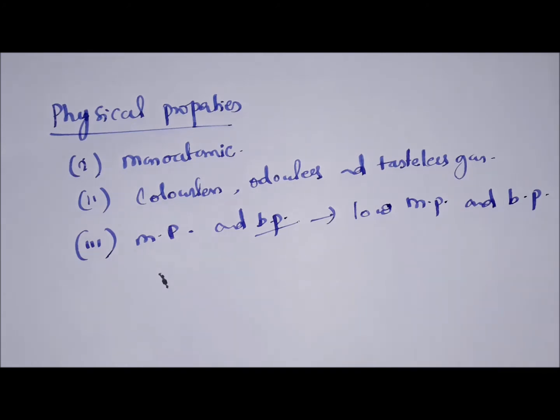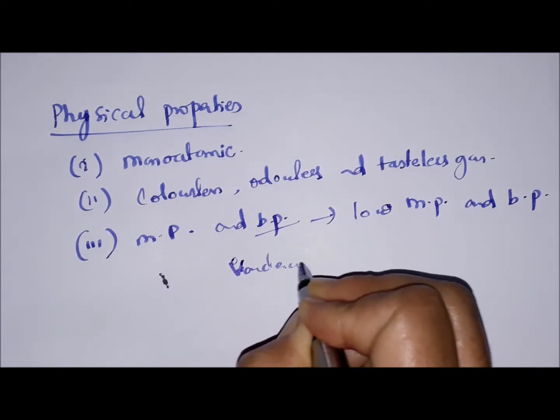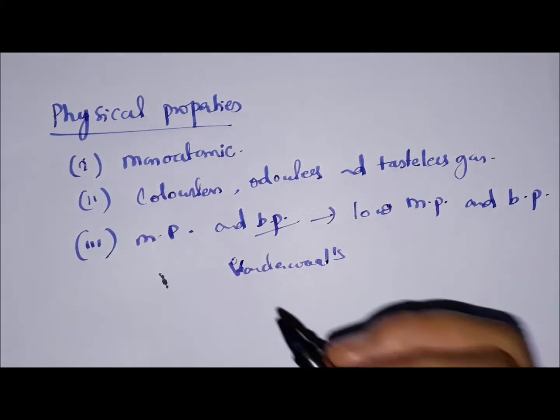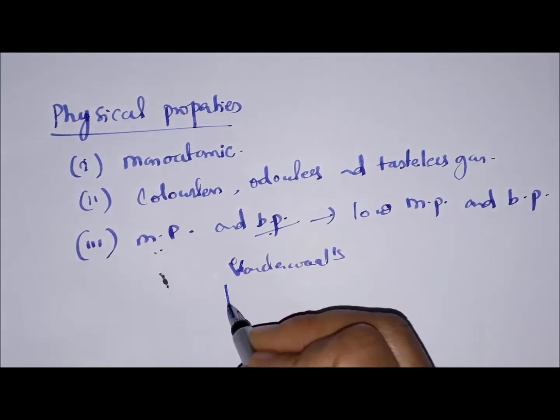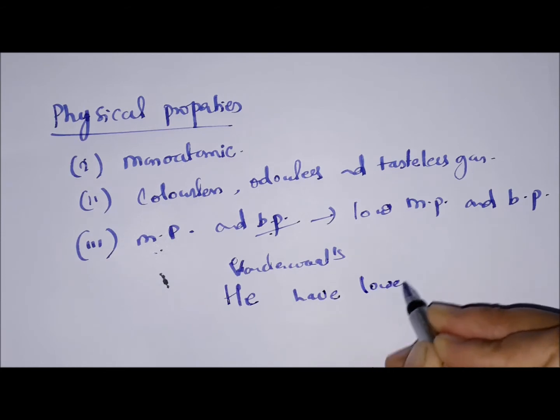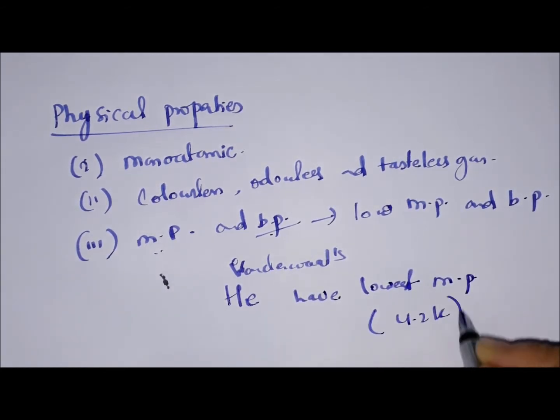They have a comparatively large atomic size, and the interaction which exists between them is van der Waals interaction or dispersion force, which is very weak. For that reason they have very low melting and boiling points, and helium has the lowest, which is about 4.2 Kelvin.